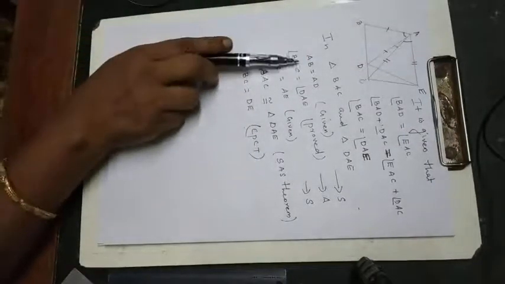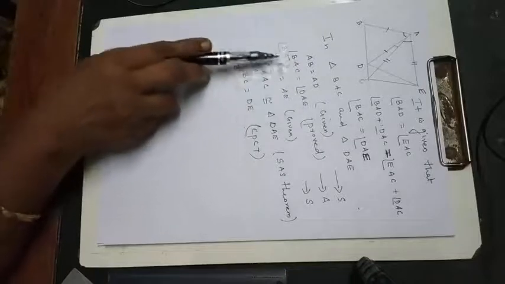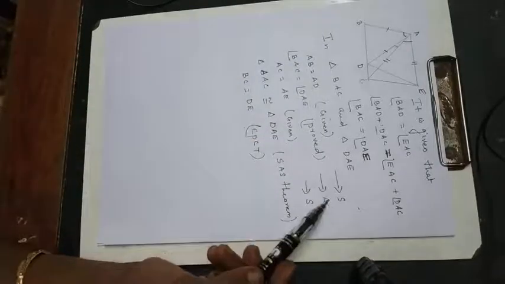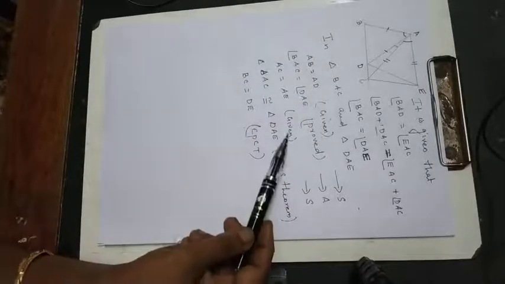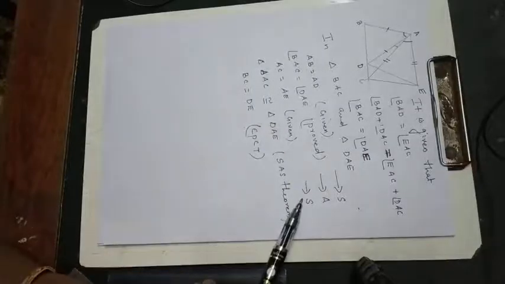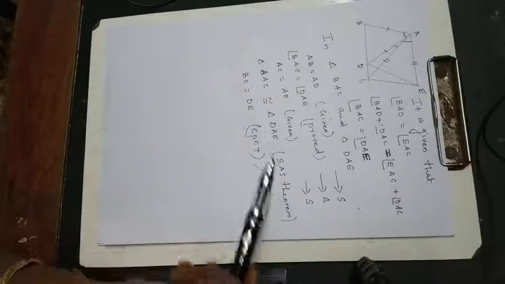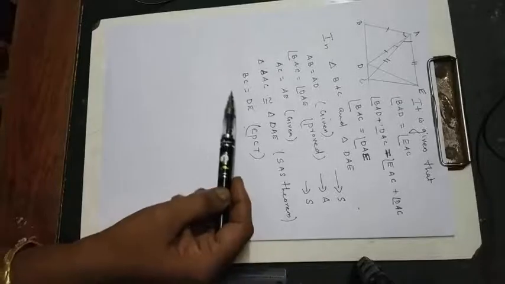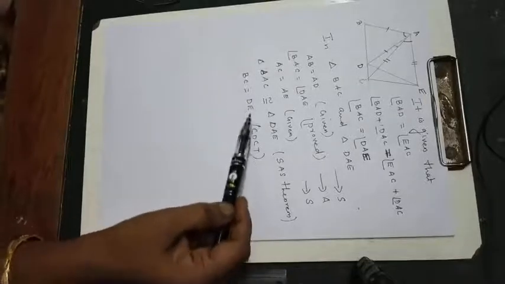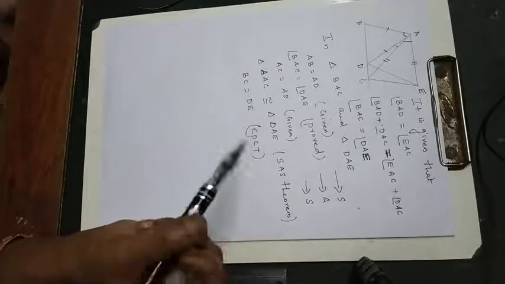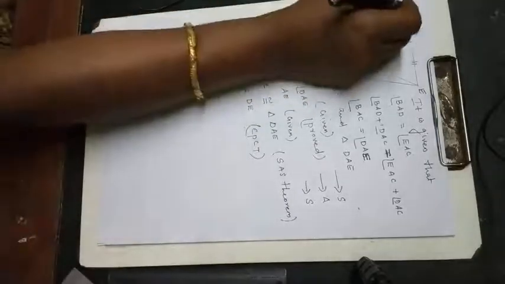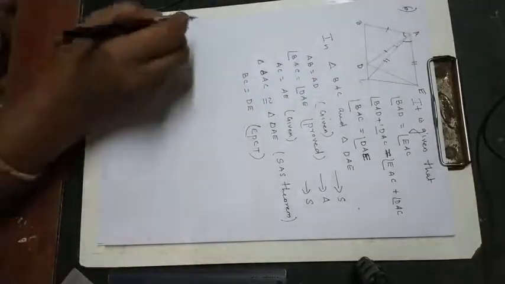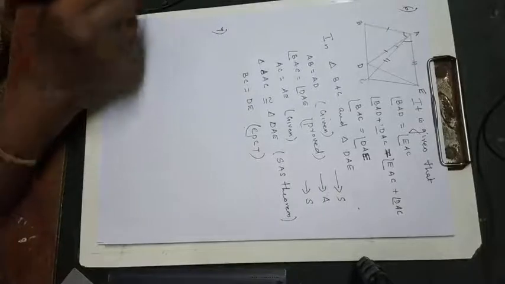In that one, AB equal to AD is given, that angle we have already proved here, then another side is also given. By SAS, these two triangles are congruent. Now BC is equal to DE, you can write. That was the sixth problem. Now move on to the seventh one.